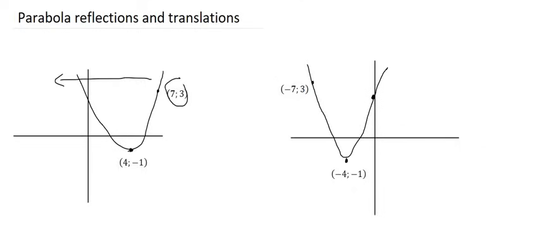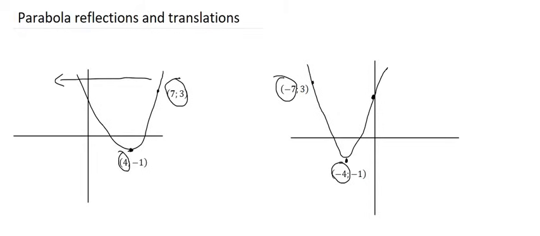So if we take this coordinate, the y value still stays 3 because the point isn't moving upwards or downwards, but the x value switches to minus 7. Similarly, this x value just becomes minus 4. And that is what we call a reflection in the y-axis because we're jumping over the y-axis.